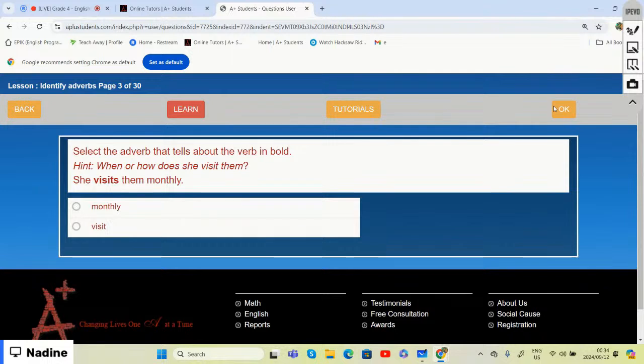When does she visit them? Is it option one, monthly, or option two, visit? Which one is correct?